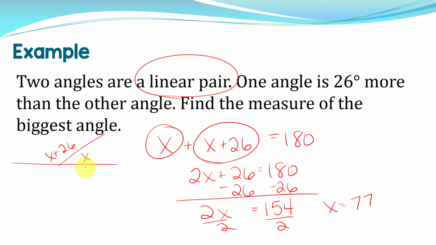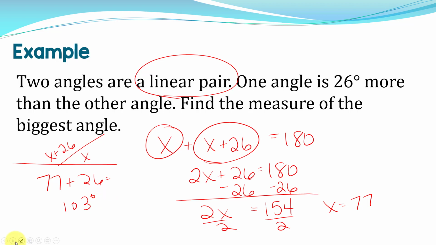So x would be the smallest angle, so the biggest angle would be 77 plus 26. So 6 and 12, 6 and 7, that's 13. And 9, 10. So 77 plus 26 is 103. So the biggest angle would be 103 degrees.